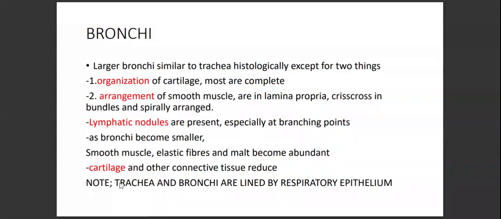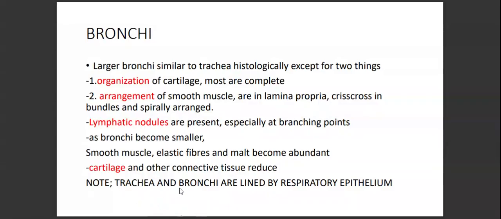Then cartilage and other connective tissue reduce. So pay attention to this. Smooth muscle, elastic fibers, MALT, they increase as you go down the respiratory tree. Then cartilage and other connective tissues reduce. Okay.